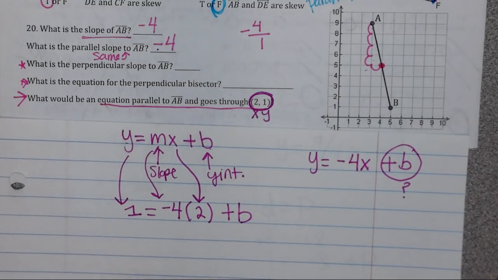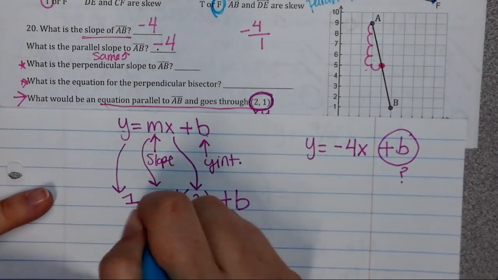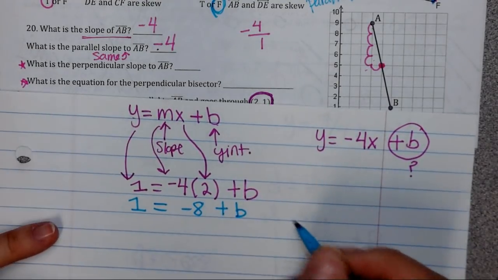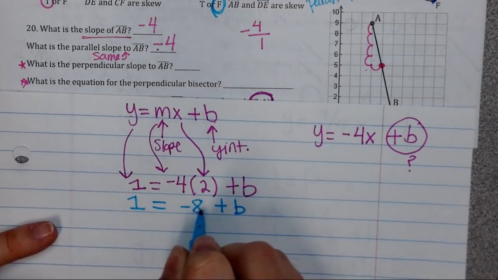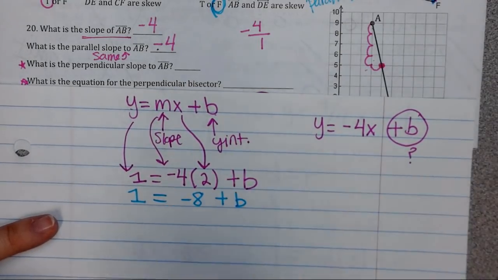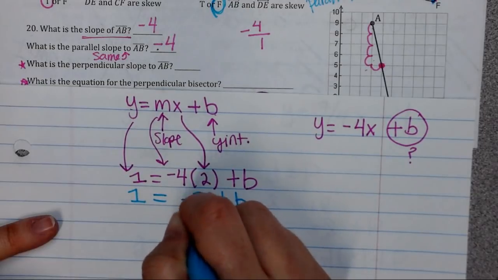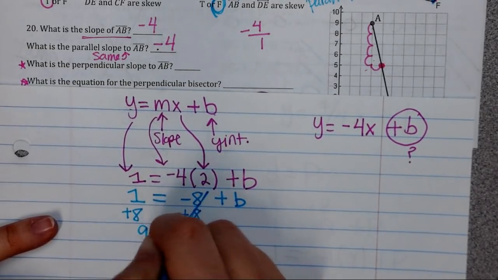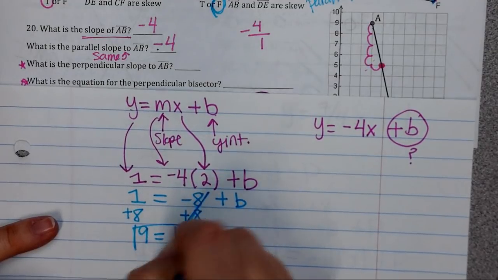So we're going to do -4 times 2. That gives us -8 plus b. And then since this is a negative and we're adding it, in order to get rid of that -8, we need to add 8. So we have 9 is equal to b.